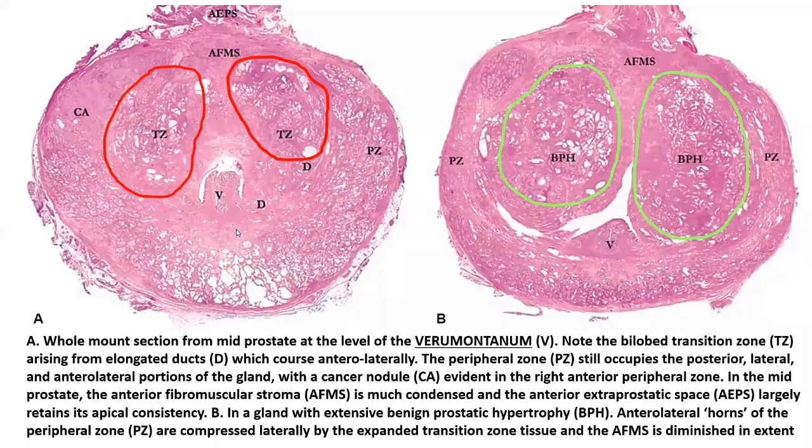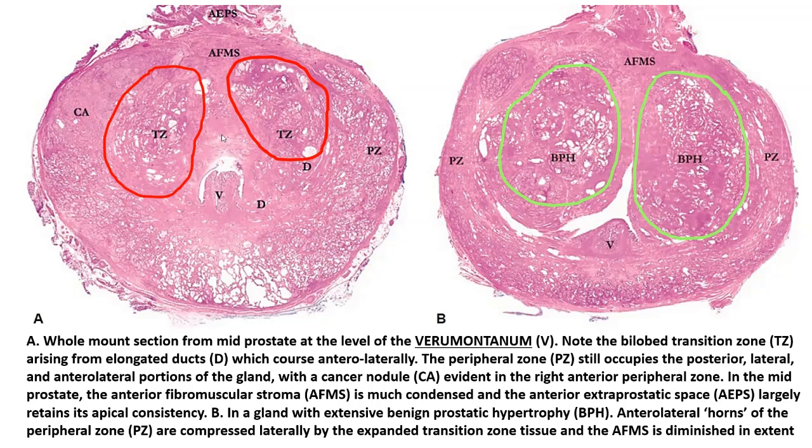So now let's see the same level in a histological whole mount section. You have this verumontanum, which is basically an indentation, kind of a diverticulum that pushes into the posterior aspect of the prostatic urethra, where you get these condensations of verumontanal mucosal glands. You have the insertion of the ejaculatory ducts on both sides of the verumontanum. And you see there's another interesting thing happening over there.